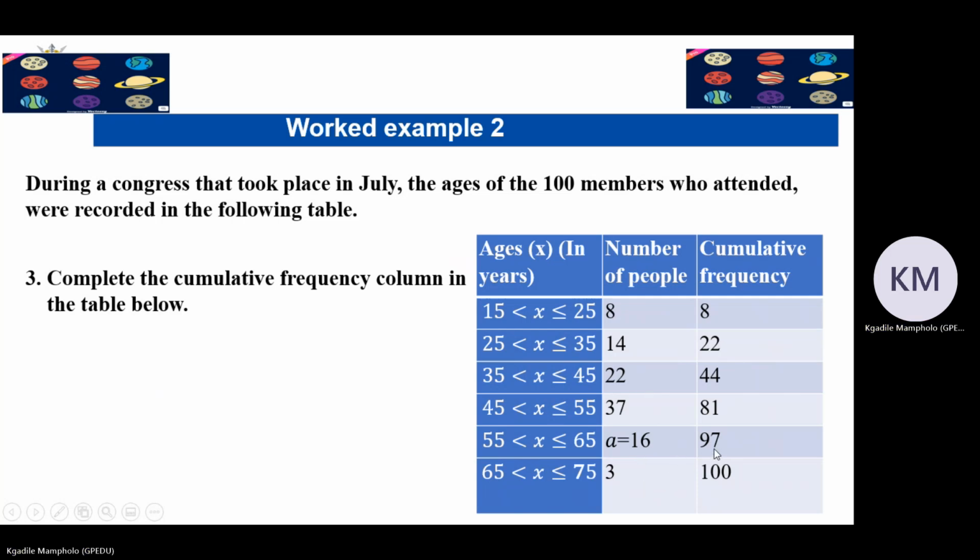and let me tell you, even if you get A wrong, we are going to use what you call CA, continued accuracy. So it means we'll check whether you continued correctly with this wrong value. If you did it correctly with this wrong value, you still get the full marks, because we know that at the end of the year, we penalize you only once.